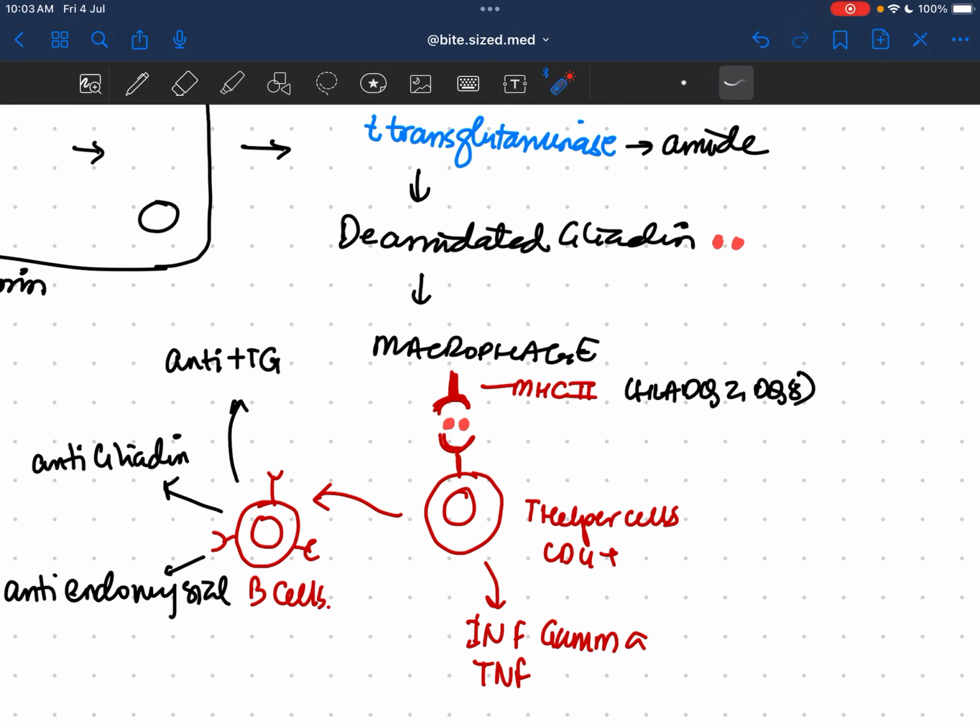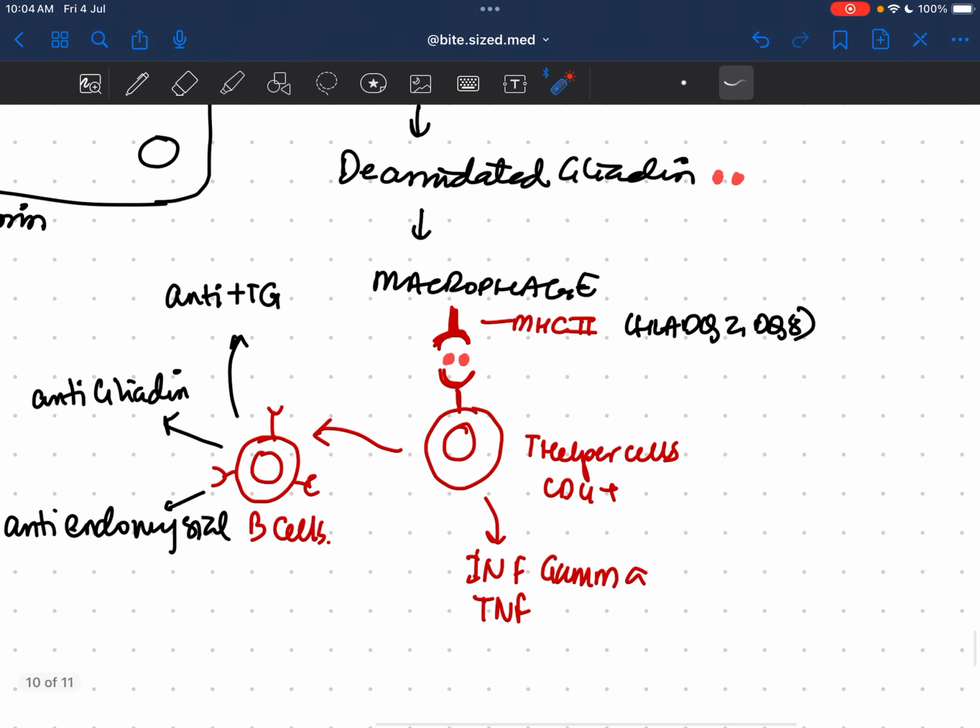So there are specific MHC2 molecules in which macrophages express these deaminated gliadin, and these are known as HLA-DQ2 and HLA-DQ8 molecules. Now, this is the mechanism of our immune system, where a macrophage will take up the protein and expresses it for other immune cells to come and have a look at it.